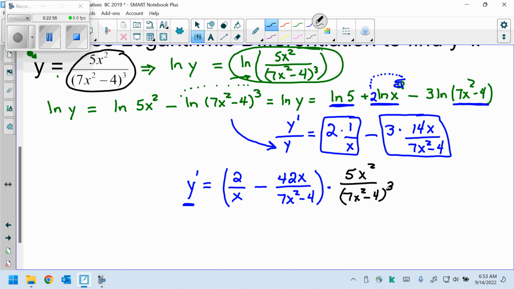Now, good news is no need to distribute that, no need to combine like terms or anything like that. If you write it like this, you have shown me that you know the method of logarithmic differentiation in your effort to find y prime, the slope of this function right up here at any particular x value.